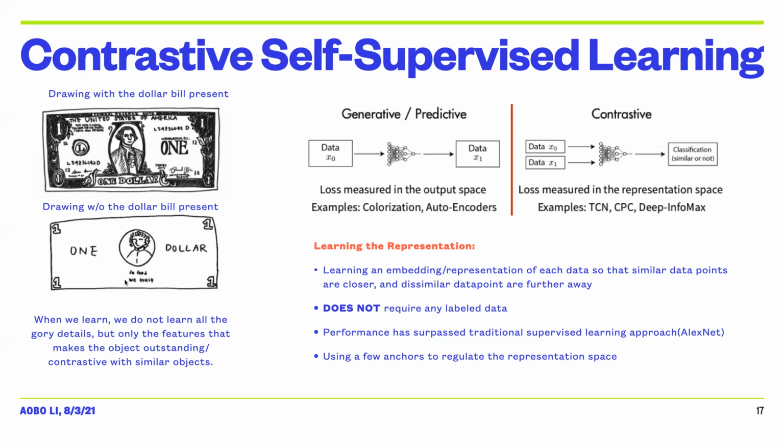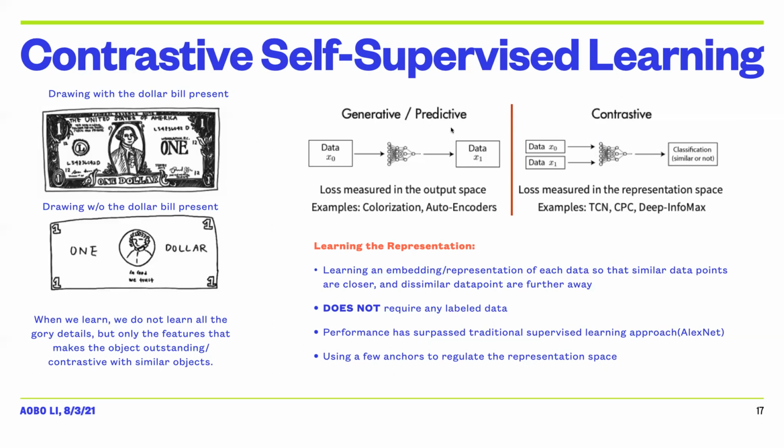This reveals that when we human beings are learning, we do not learn all the gory details of the objects, but only the features that make the object outstanding or contrastive with a similar object. In the case of the dollar bill, we only learn the part which makes a $1 bill different from a $10 or $100. This is the constitution of the idea of contrastive self-supervised learning.